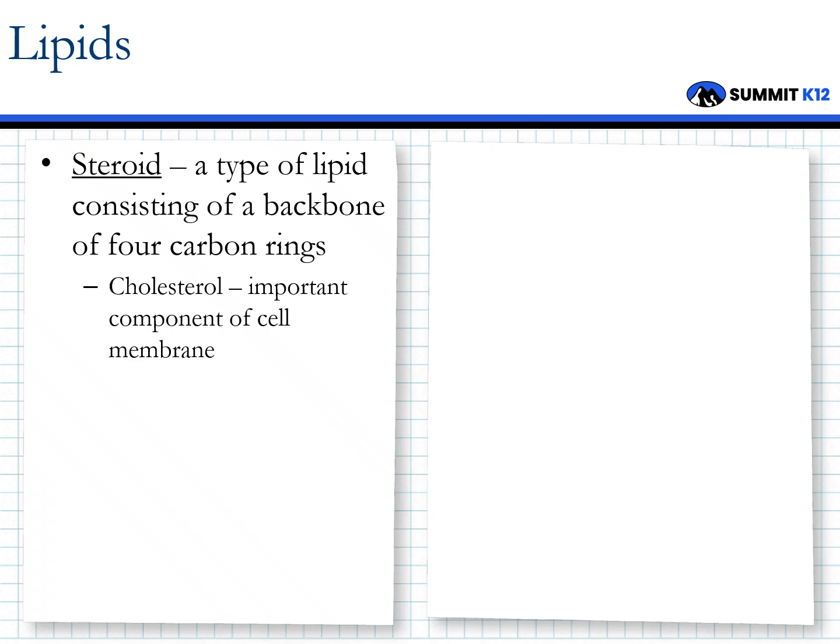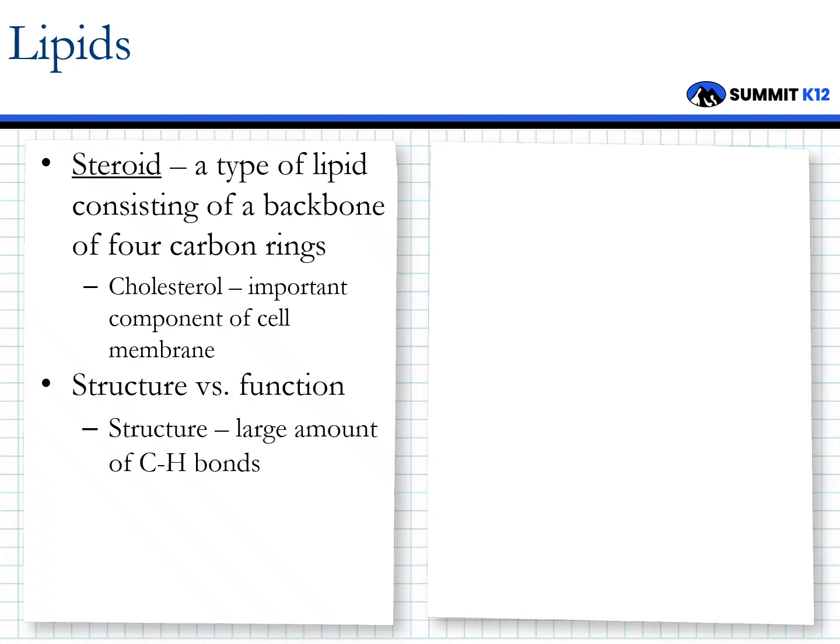We can also see steroids being messengers in the body. Their structure is a large amount of carbon and hydrogen bonds. Their function is to stabilize that cell membrane. If we didn't have that cholesterol, our cell membrane would be loosey-goosey and would separate and fall apart.